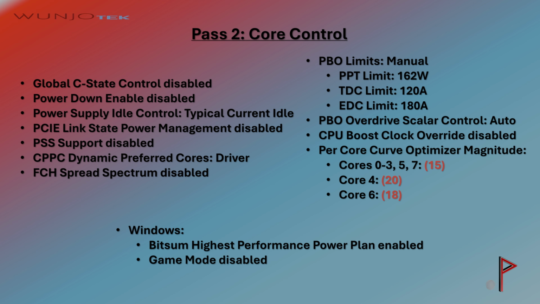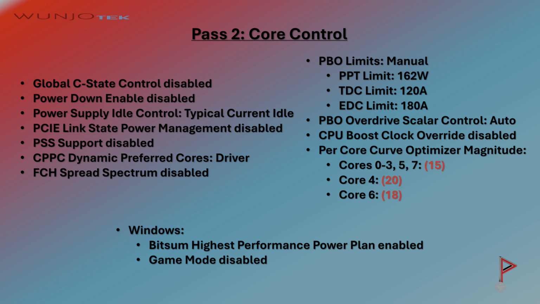Collaborative processor performance control lets the OS identify and utilize the best cores, especially for single-threaded tasks. Setting it to preferred driver lets Windows decide the preferred cores based on CPPC performance ranking. It reads that ranking even with game mode disabled.